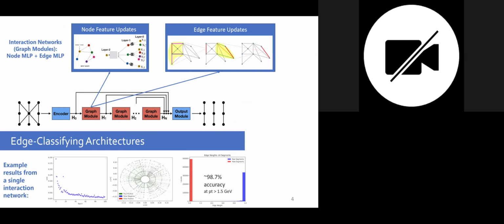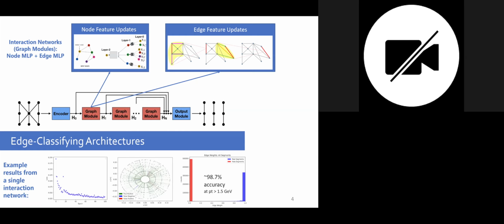In general, edge classifying graph neural network architectures look like this. You have an input graph that might be encoded into some latent space, and then a graph module is run repeatedly on the encoded representation of the graph. A graph module is based on an architecture called an interaction network, which basically has two multi-layer perceptrons in it.